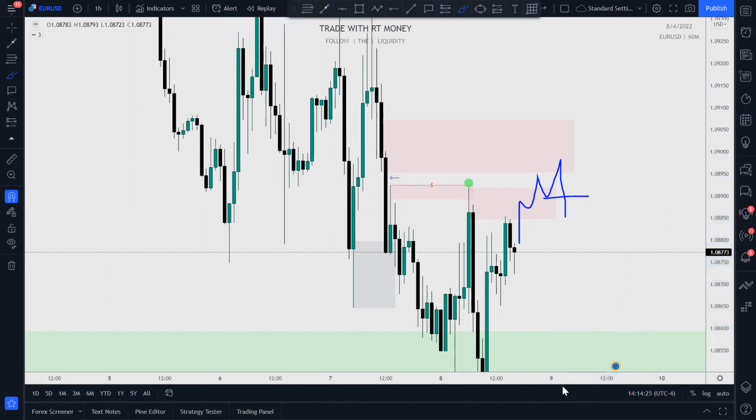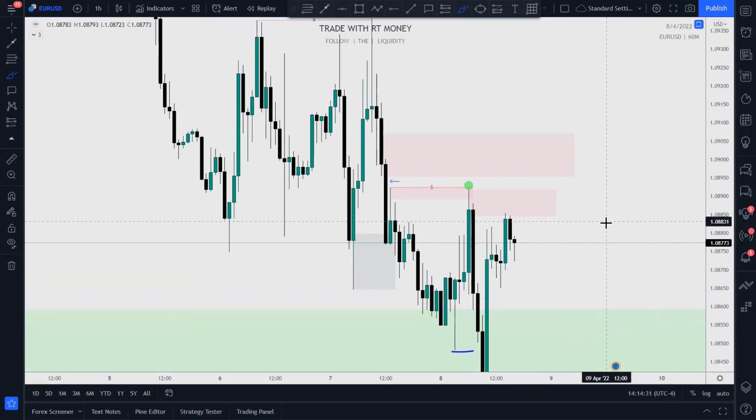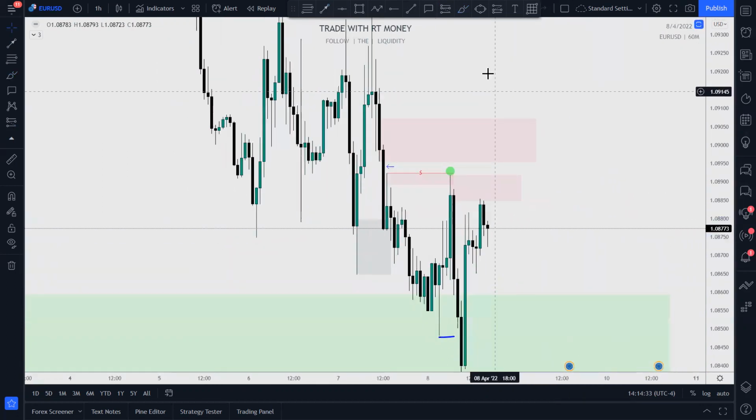We have some core numbers coming down for US dollar on Friday as well. So that's something to be wary of.